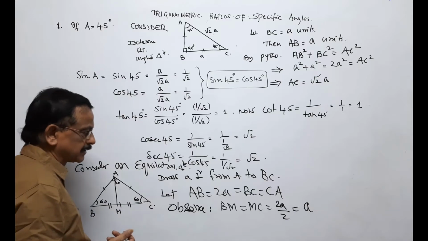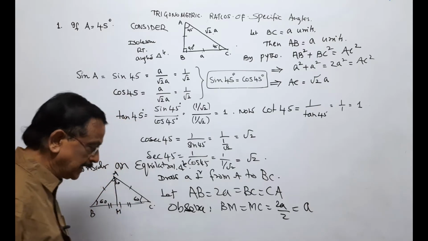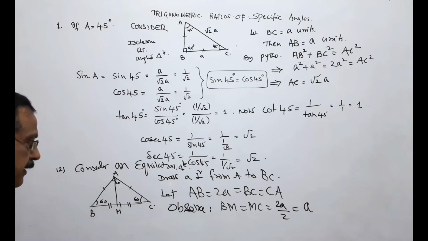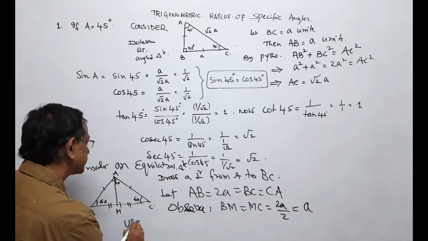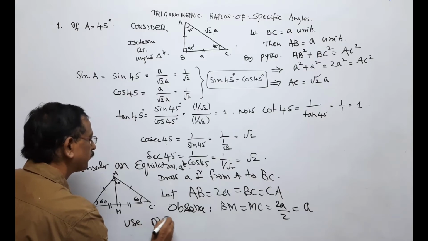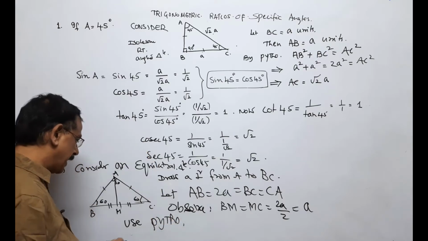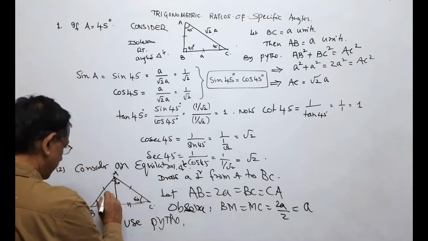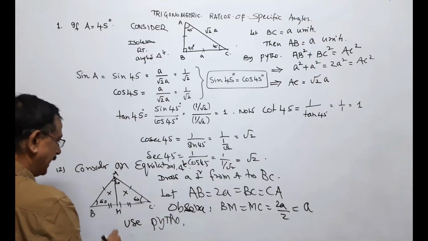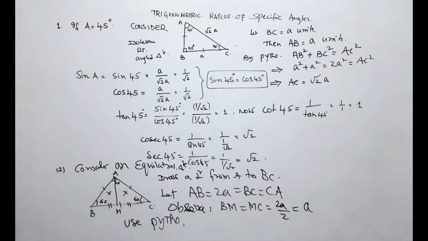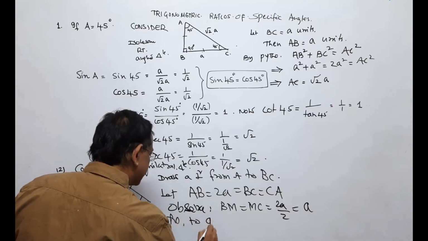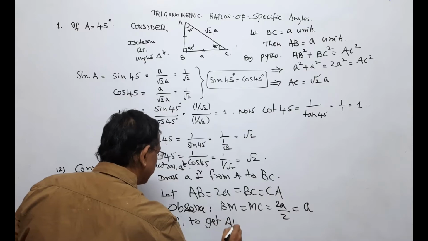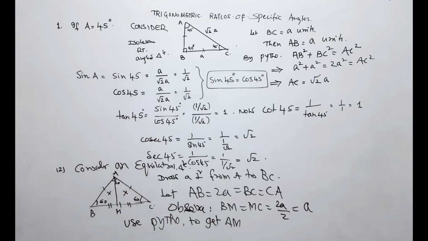Now BM equal to MC equal to A, so use Pythagoras theorem to get AM. How do you get it?